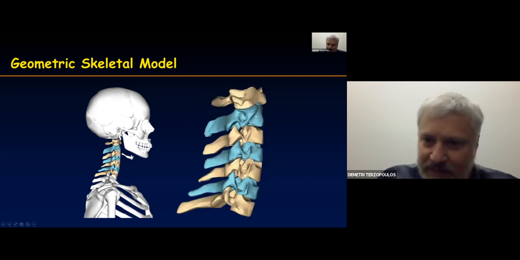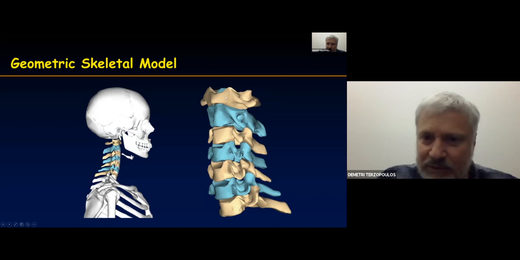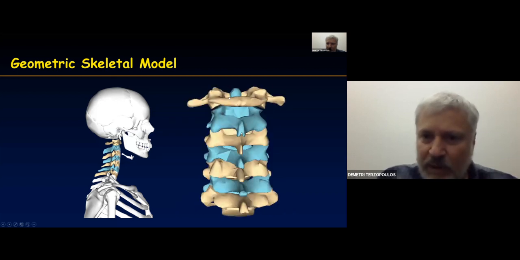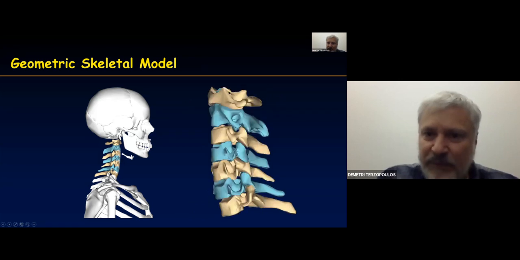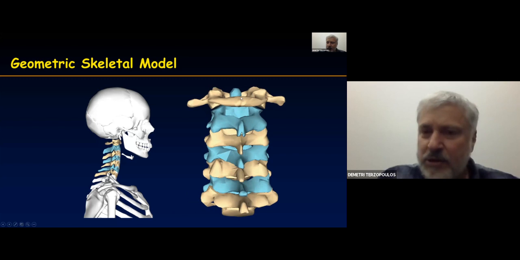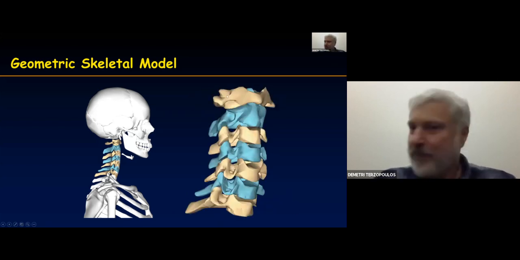There's a bone piece from the second vertebra, the blue one, coming up and fitting into the top vertebra, and this is called the no joint because it helps you do this.